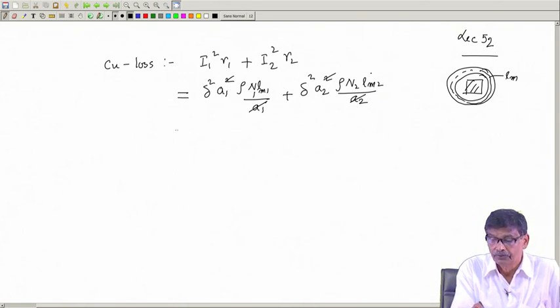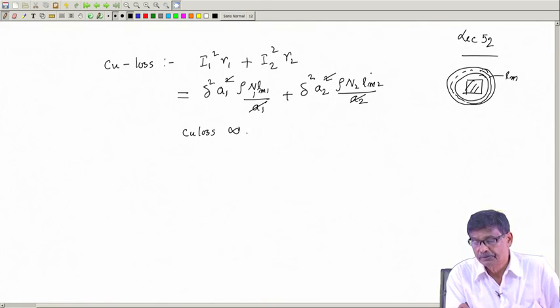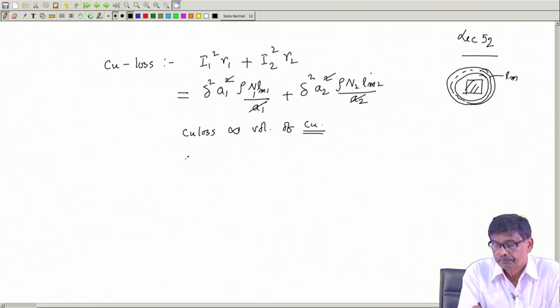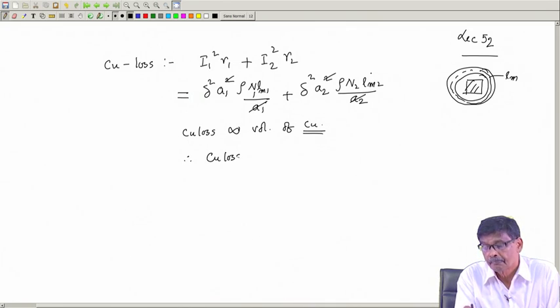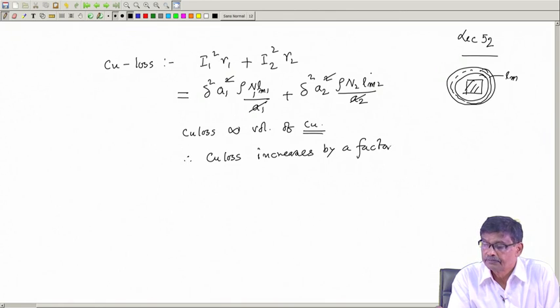So, copper loss is proportional to the volume of copper. So, copper loss will increase by a factor of x cube, is not, volume means 3 lengths multiplied, and we are increasing each linear dimension by a factor of x. So, copper loss increases by a factor of x cube.